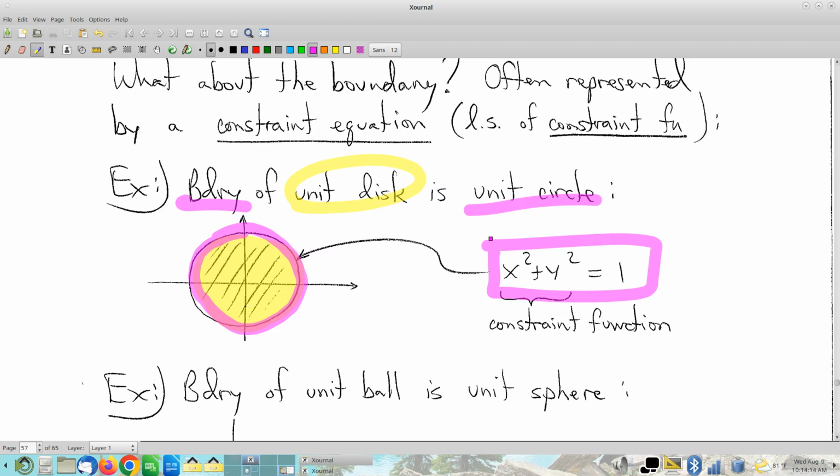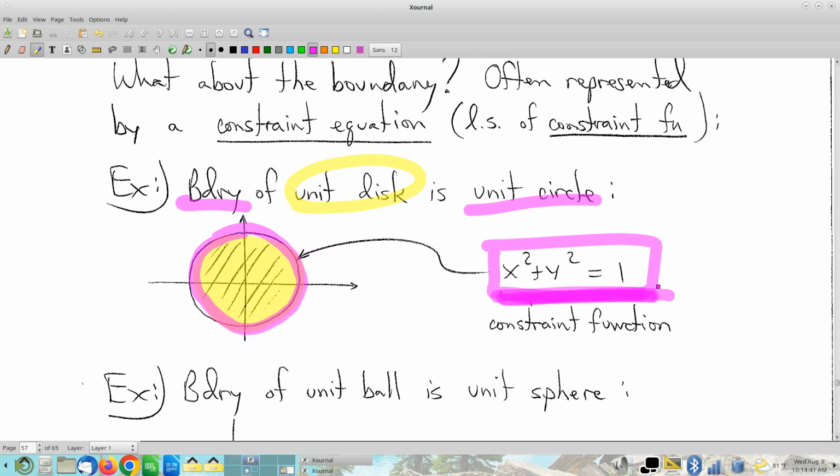Now, to be fair, there are other circumstances in which it might not be convenient to represent a curve with an equation. Granted, the method that I'm about to show y'all, called the method of Lagrange multipliers, works when your boundary or whatever domain you're considering is described with an equation.